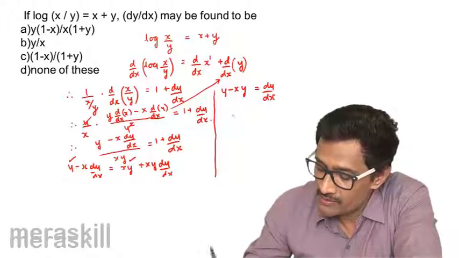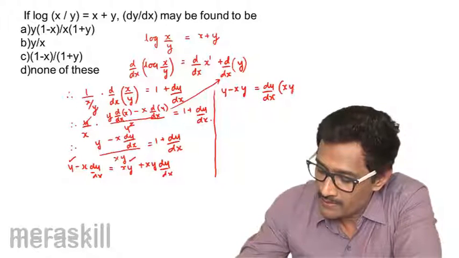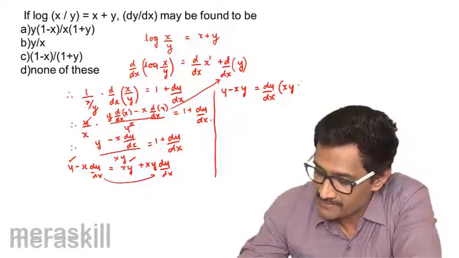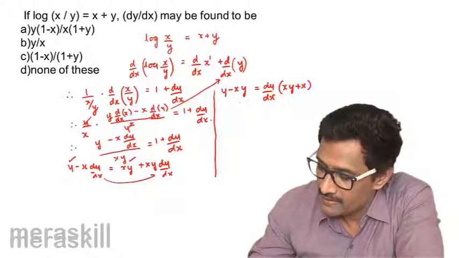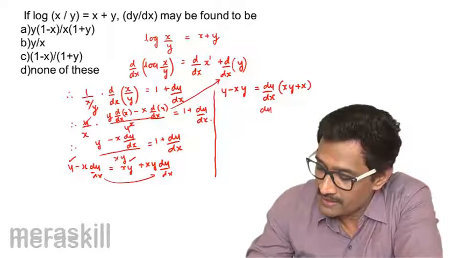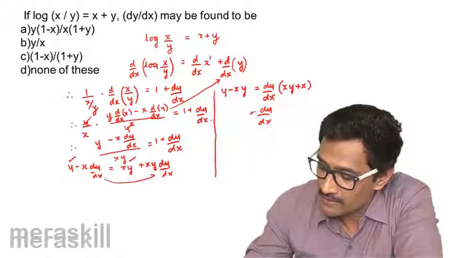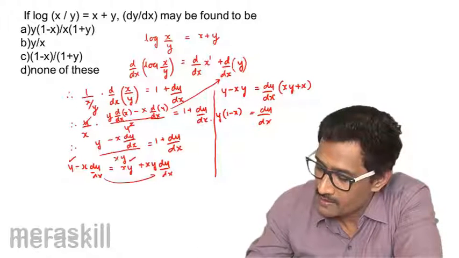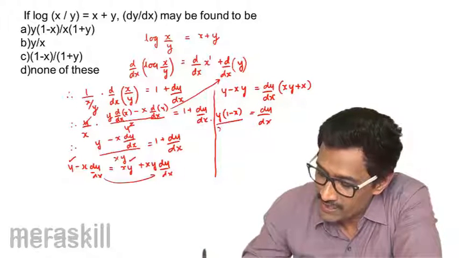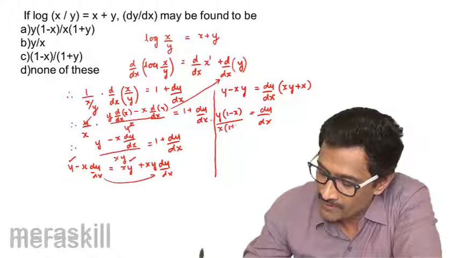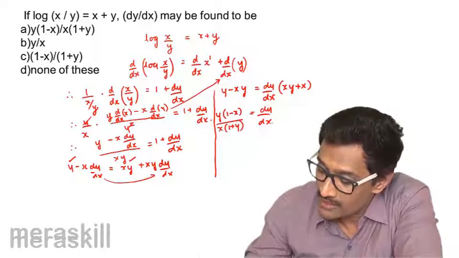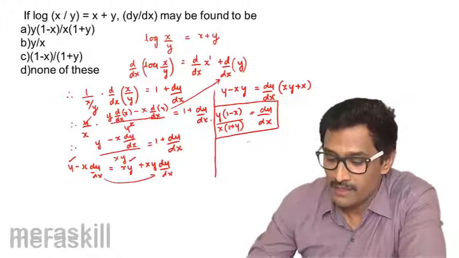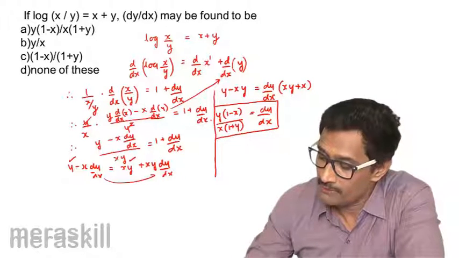You take xy common, and when you take this one to this side, it becomes plus x. Now hence dy by dx is nothing but, you can take y common, y into 1 minus x upon xy plus x, that is x into 1 plus y. So our dy by dx is nothing but y into 1 minus x upon x into 1 plus y.